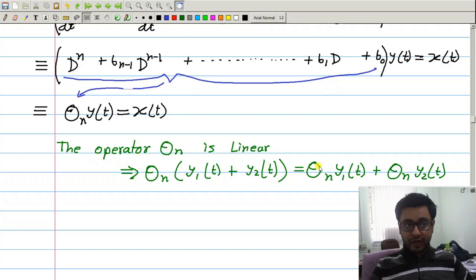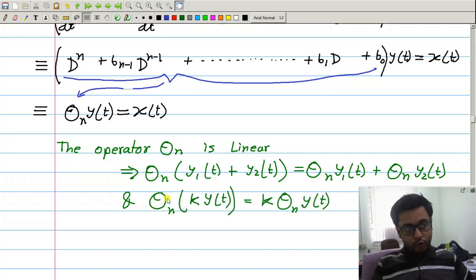You can verify this yourself. Anyway, differentiation operation is always linear, and so this is also going to be homogeneous, and I can write O_N acting on k times y is the same as k times O_N acting on y.